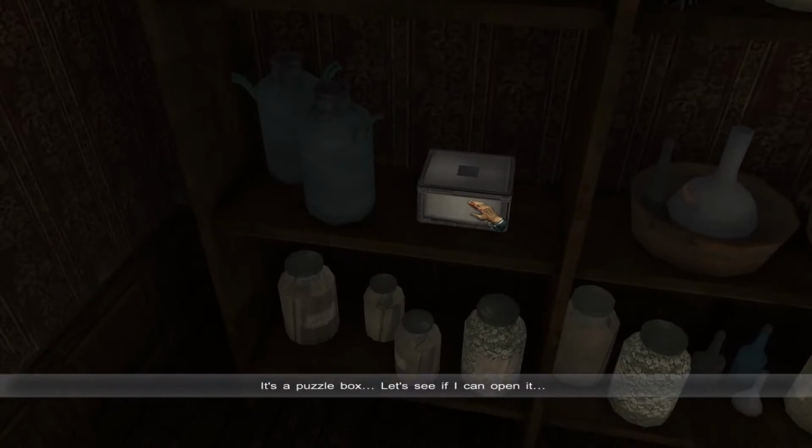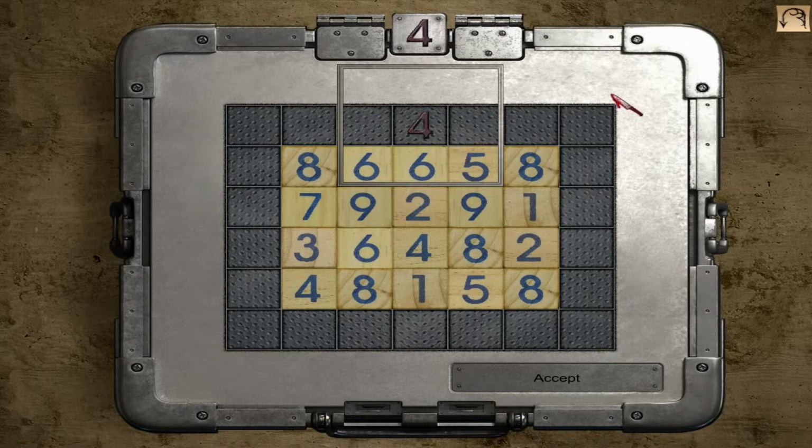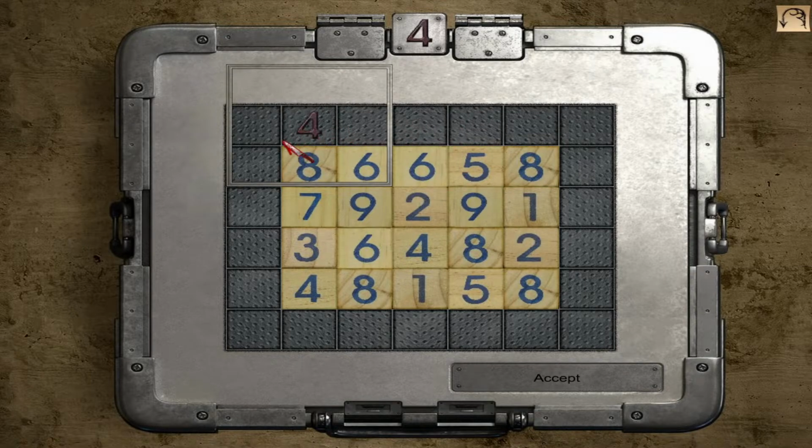What do we have here? It's a puzzle box. Let's see if I can open it. Oh no. Okay. What is the idea of this? I can move this.